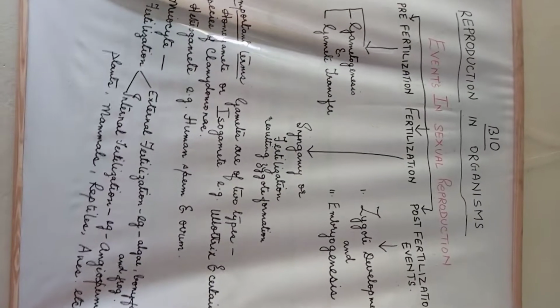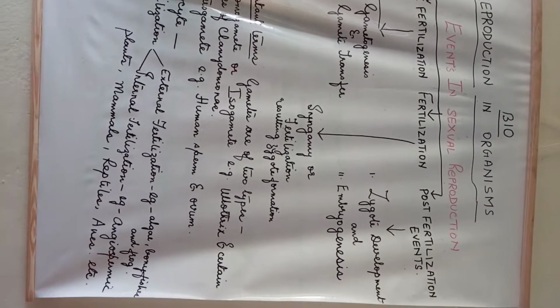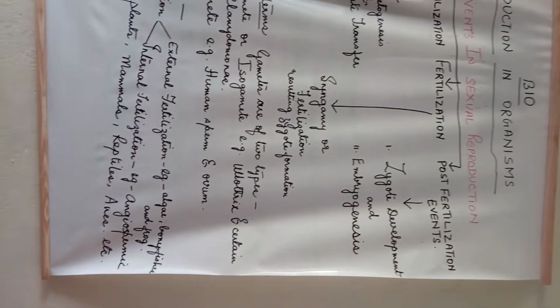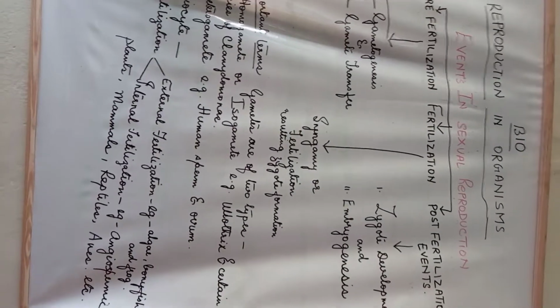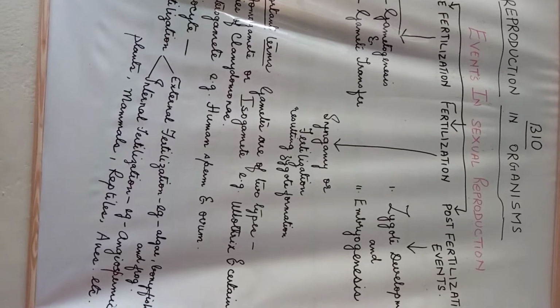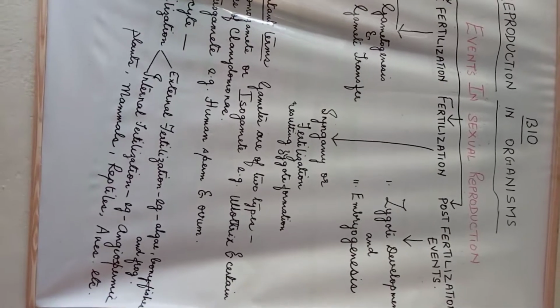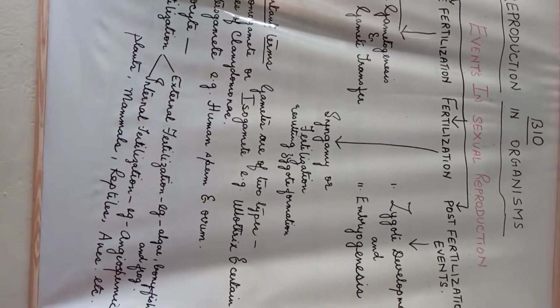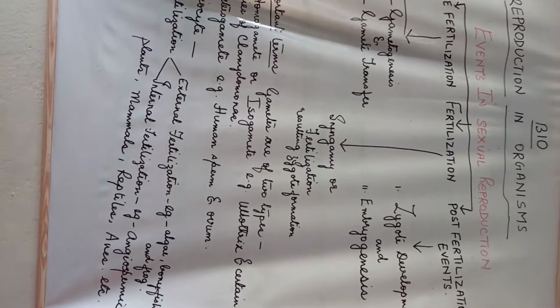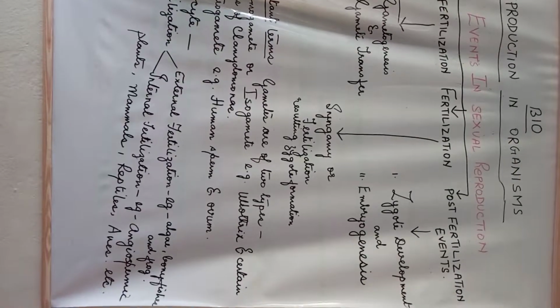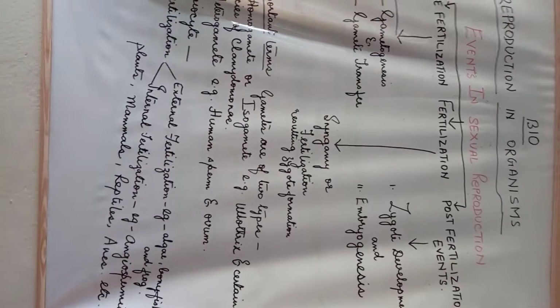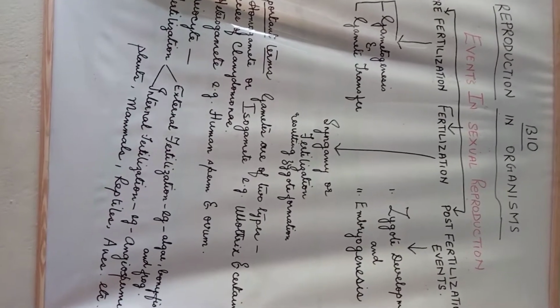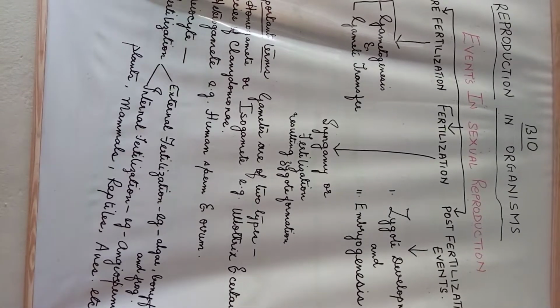Now we come to pre-fertilization events, that is gametogenesis. What is gametogenesis? This term refers to the formation of gametes, the unit of sexual reproduction. We have two types of gametes depending on the morphology and physiology: homogametes or isogametes.